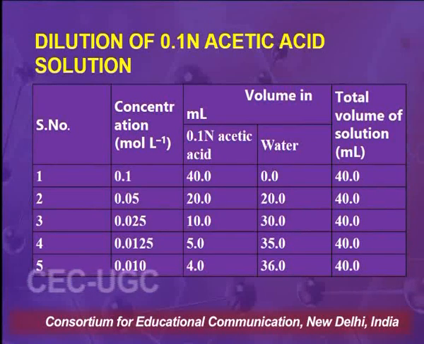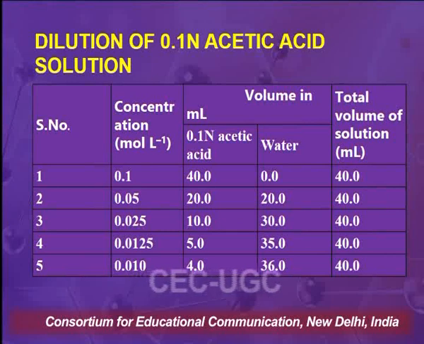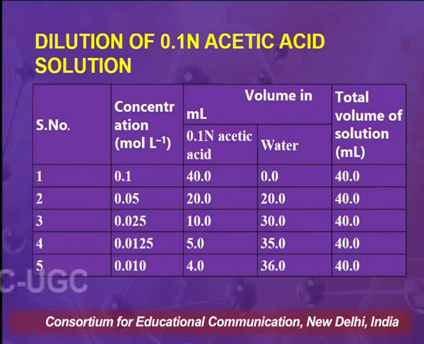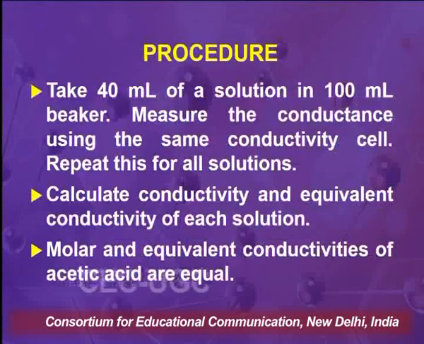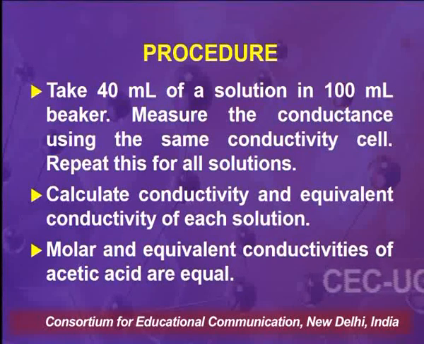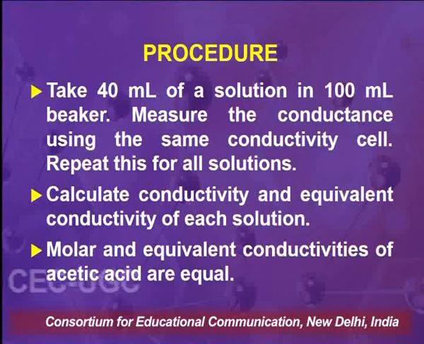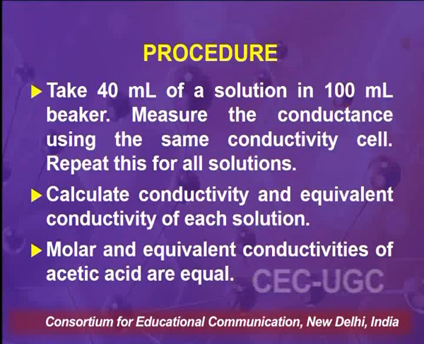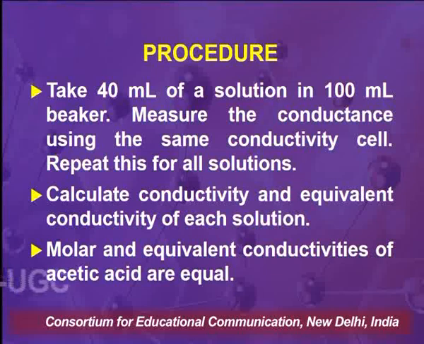Similarly, the other dilutions can be done to prepare 0.025 normal, 0.0125 normal and 0.010 normal acetic acid solutions. Take 40 ml of each in a 100 ml beaker and measure the conductance using the same conductivity cell. Repeat this for all the solutions prepared.